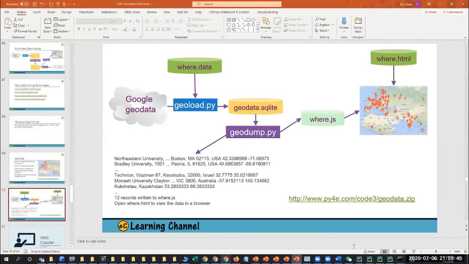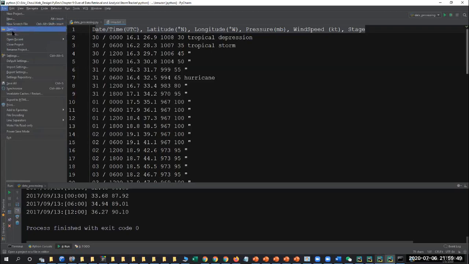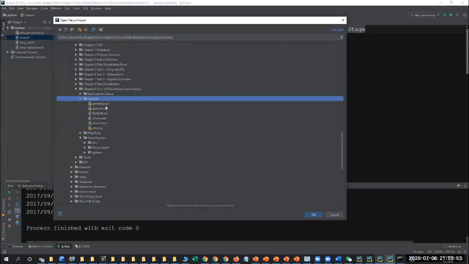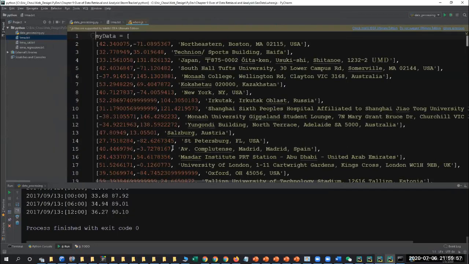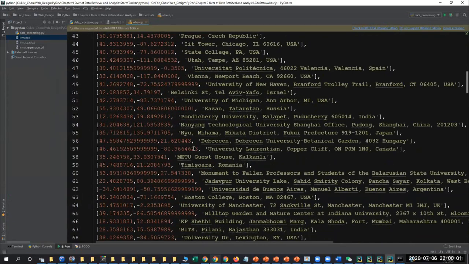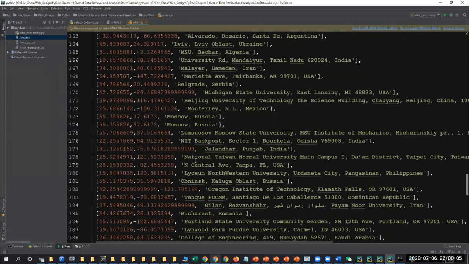So what is it actually over here? I can open this one called geodata. Here we have a JavaScript file that's written by the geodump program.